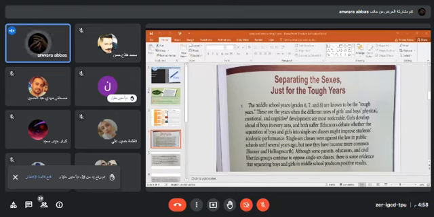Can you pick up that specific thing that the author is going to elaborate on or limit himself to?